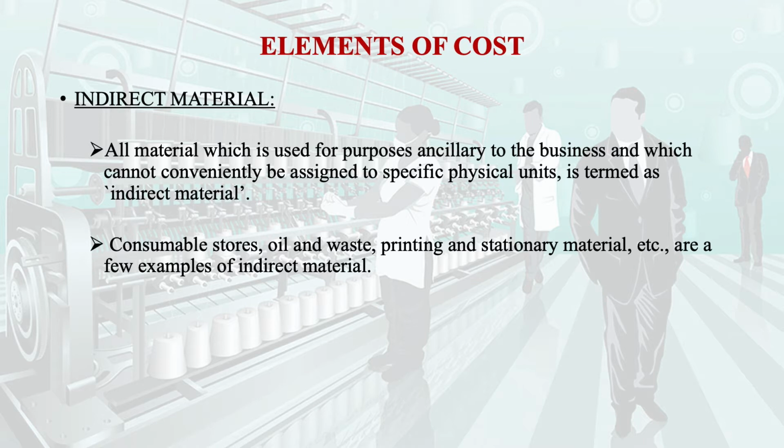So they are not directly involved as a material. Indirect materials are those materials which are not part of the product, but they help in producing that particular product. Another important element is the labor cost.